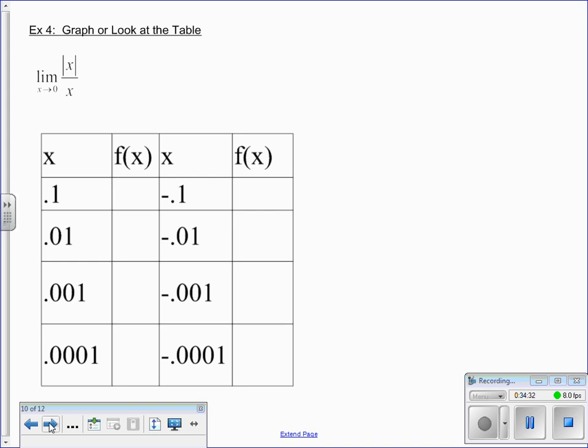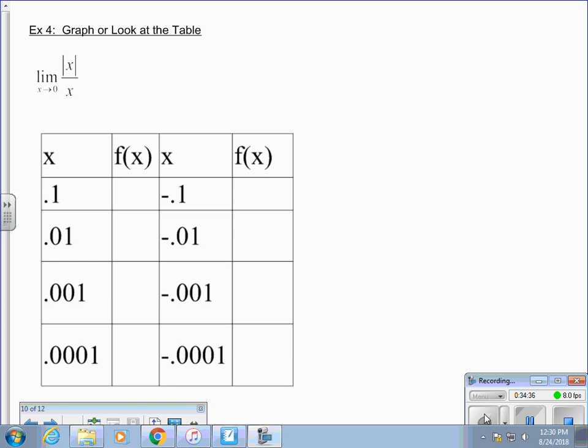Take a second, copy down the table. These two columns, this half, is as x approaches 0 from the right, because these are all numbers larger than 0, but they're getting closer to 0.